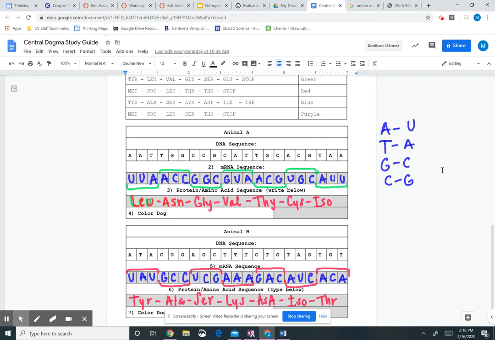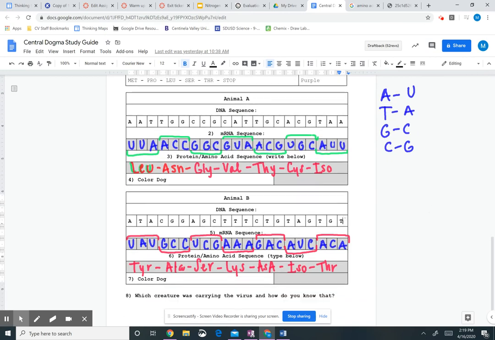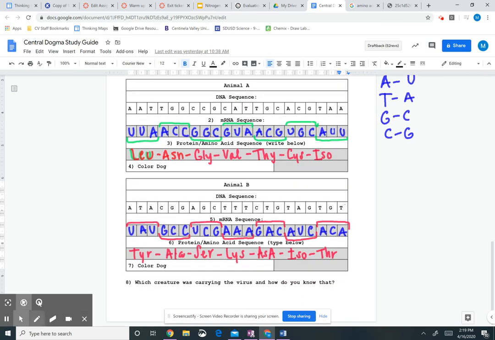None of them start with leucine, so I don't think I have a color for that. But I do have this TYR, and then I have ALA. Then I have SER, LYS, ASP, which is aspartic acid, isoleucine, and THR. I look at that and I see that those match completely. So the color of this dog right here is going to be blue.